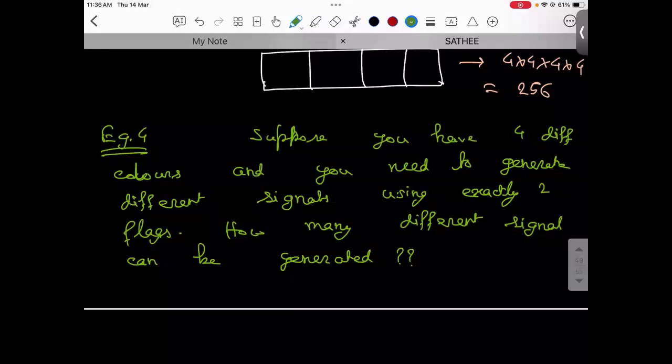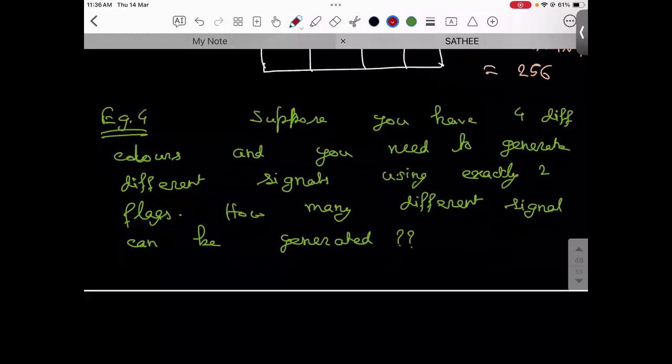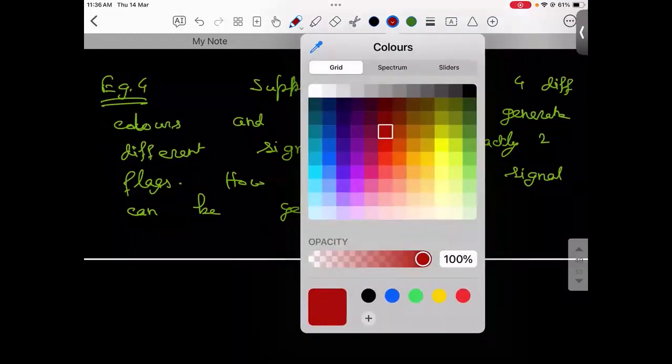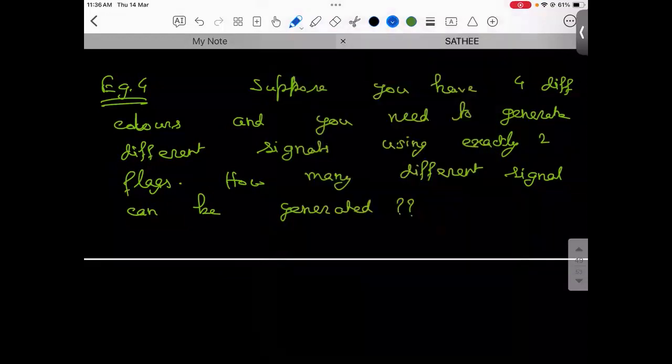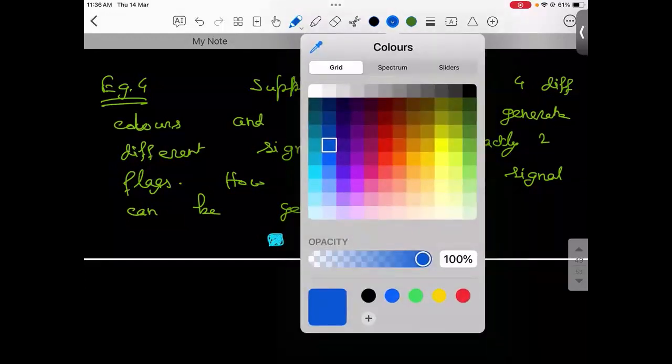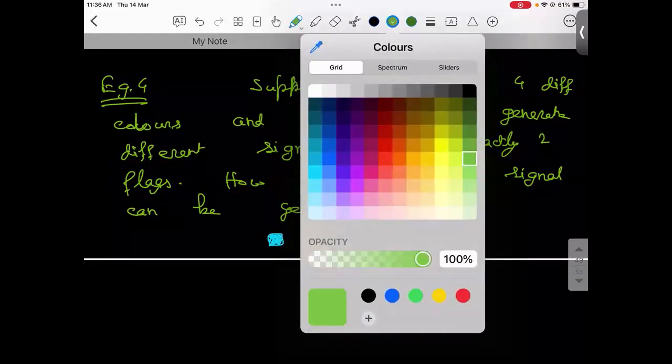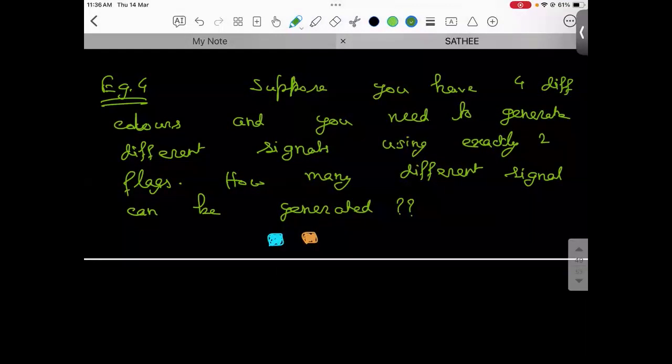Okay. So just think one thing, that I have four different colors. So let us draw the different colors. The first one is blue. Suppose this is one. Then the red one. Then you can take some yellow color.